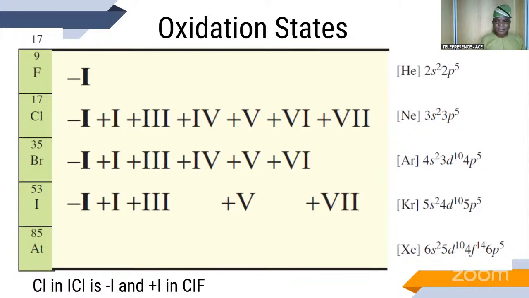The oxidation states displayed by these elements. For instance, you have fluorine -1. So don't forget that these elements attract one electron to attain the next noble gas.